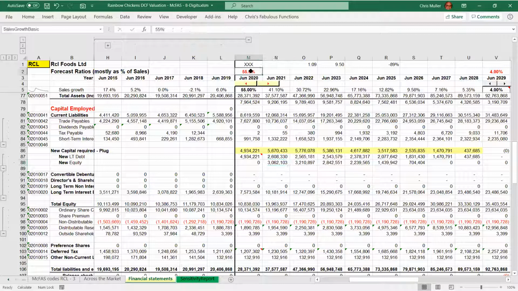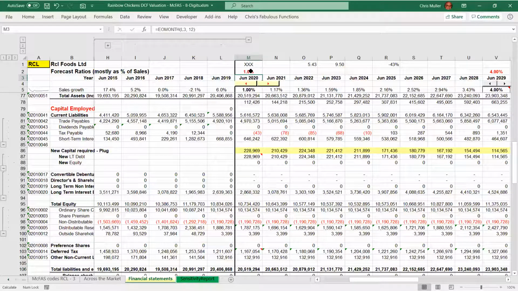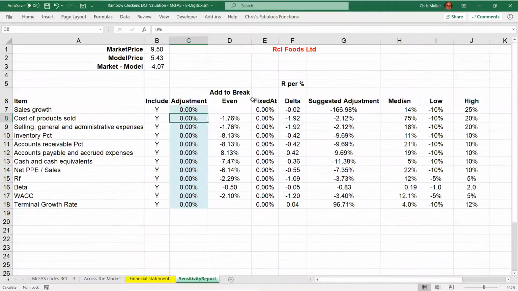I'm going to see if I can take this back to 1%. And I'm going to do some tricks now.